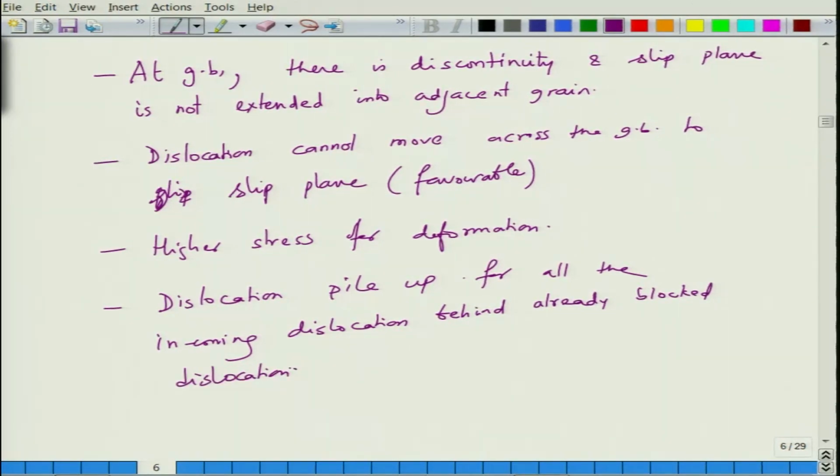So, basically what it means is that the grain boundary acts as a barrier for dislocation motion. So, grain boundary is a barrier to dislocation motion.